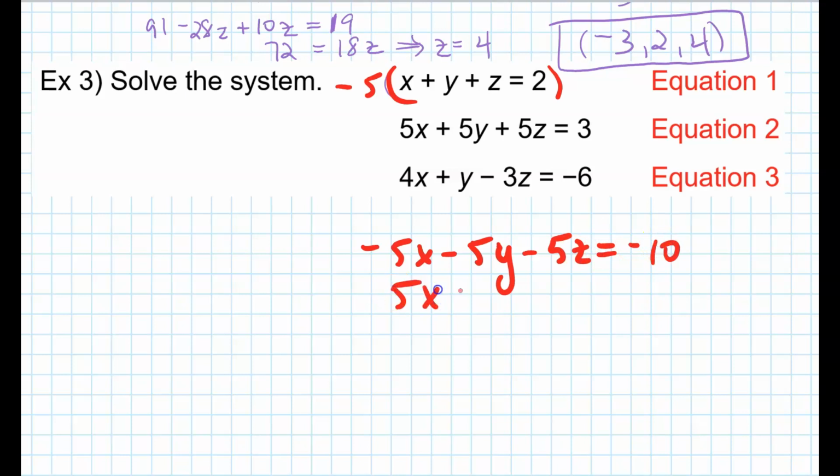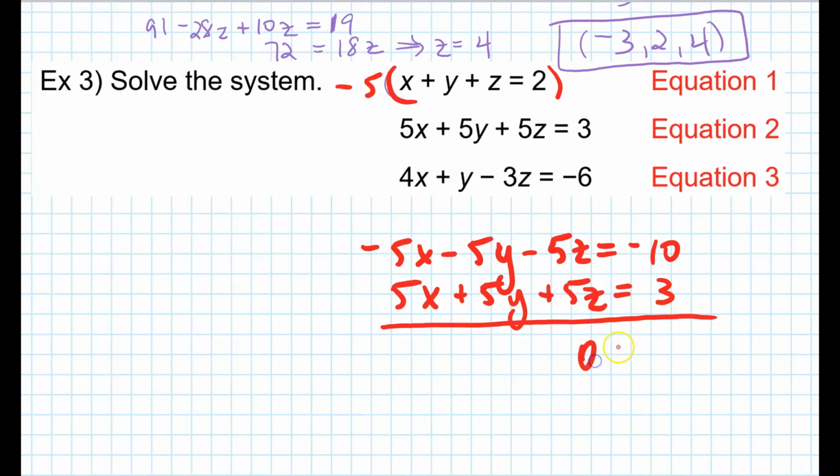And when you add that to 5x plus 5y plus 5z equals 3, what do we get? You get 0 equals negative 7. That's false. Therefore, once you get a false statement, the whole thing is no solution.